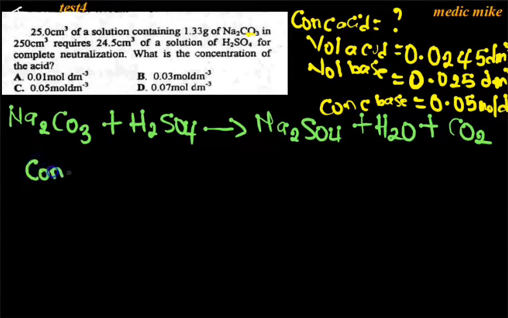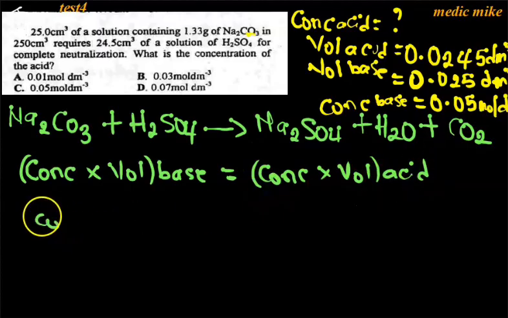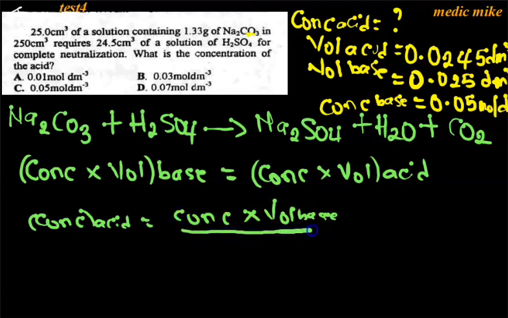The formula we established earlier is concentration of base times volume of base is equal to concentration of acid times volume of acid, where concentration of acid becomes concentration of base times volume of base, divided by our volume of acid.